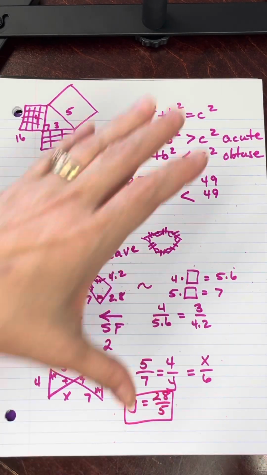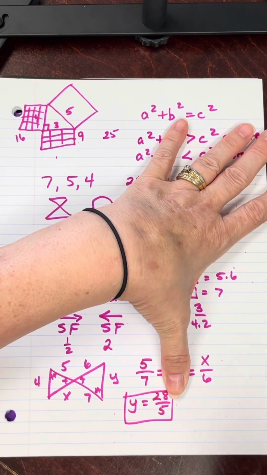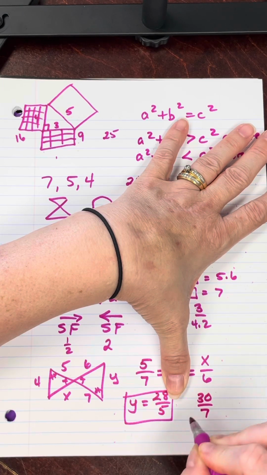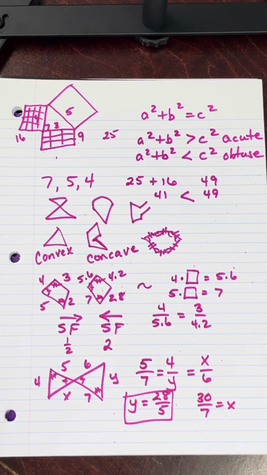And then if I ignore this piece, I can do the cross multiply here to solve for the X. 5 times 6 is 30, divided by the 7 is X. And again, you'll notice that I left both of those in improper fractions. You can make them mixed numbers. It really doesn't matter in which way that you leave it.